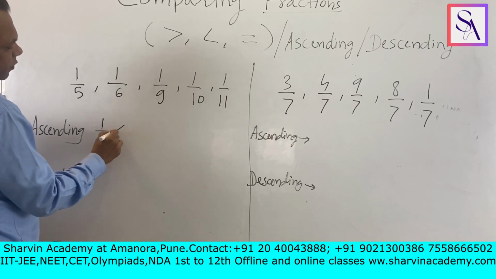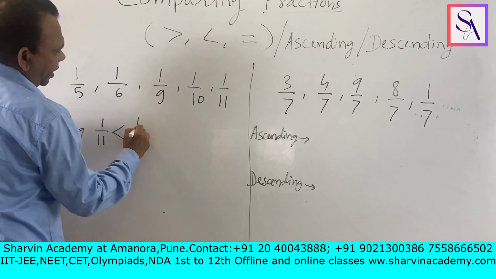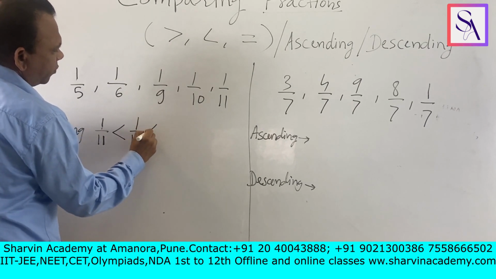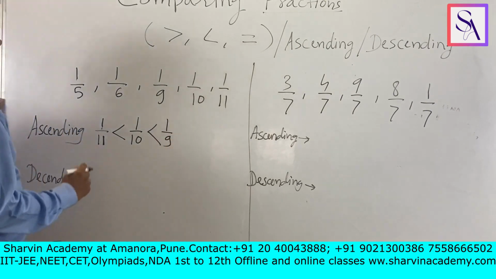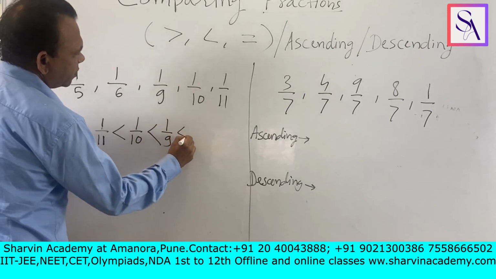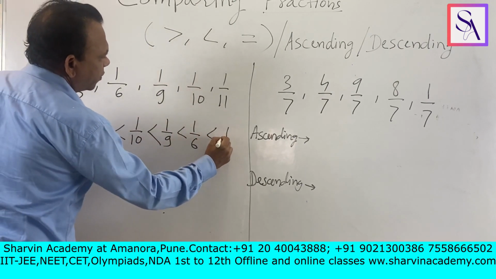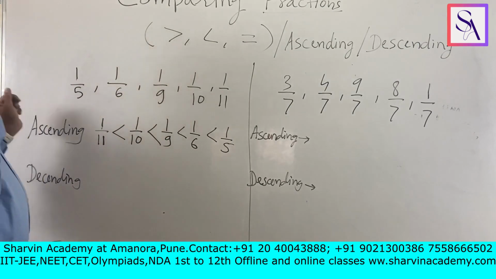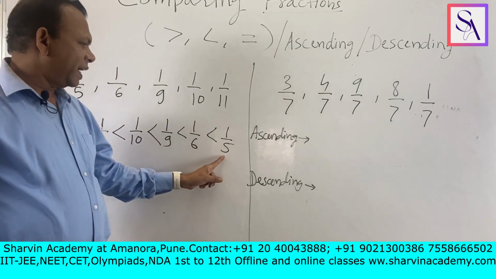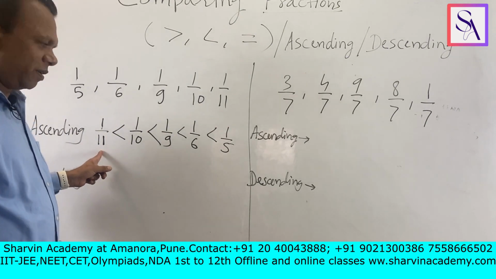Then after that 1 by 10. After that 1 by 9. After that 1 by 6. And last 1 by 5. So, in these 5 fractions, 1 by 5 is the greatest one and 1 by 11 is the smallest one, right?